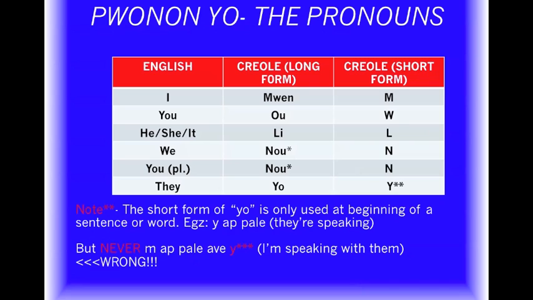So we'll have la parle avec, ma parle avec ou, la parle avec elle, na parle or ma parle avec, and ma parle avec yo. So again, that y will never come at the end of the sentence as is written right there. We'll be getting more into the use of these short forms and long forms, but just keep in mind that there are two forms of the subject pronouns in Haitian Creole.